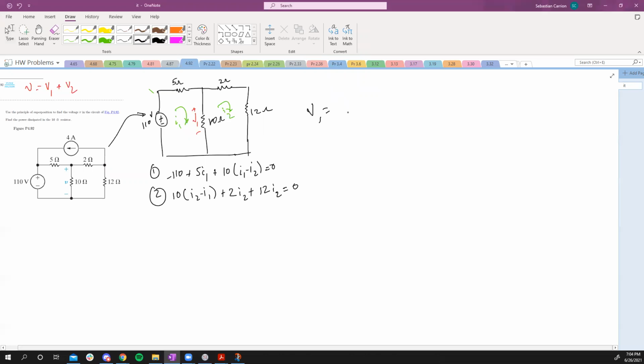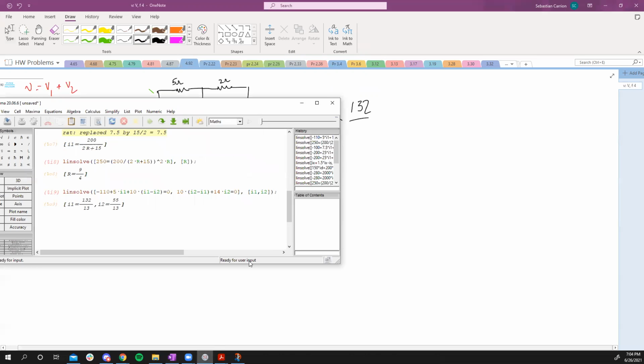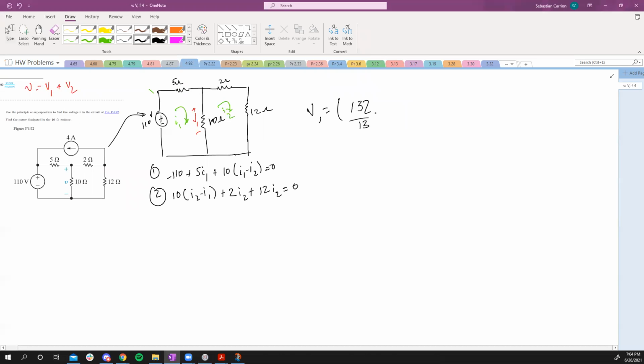So it's I1 minus I2, 132 over 13 minus 55 over 13, times 10.